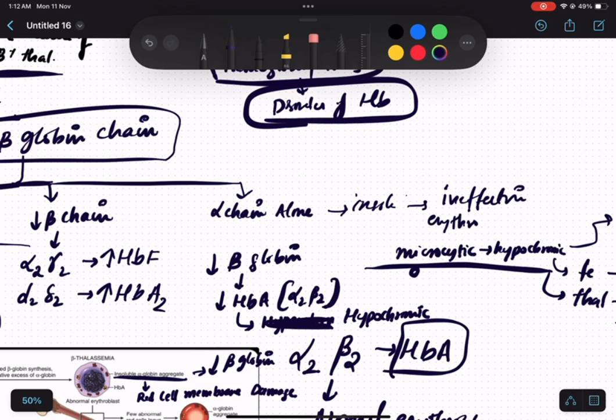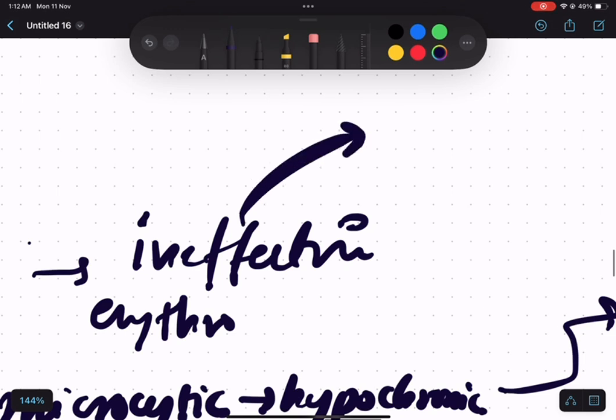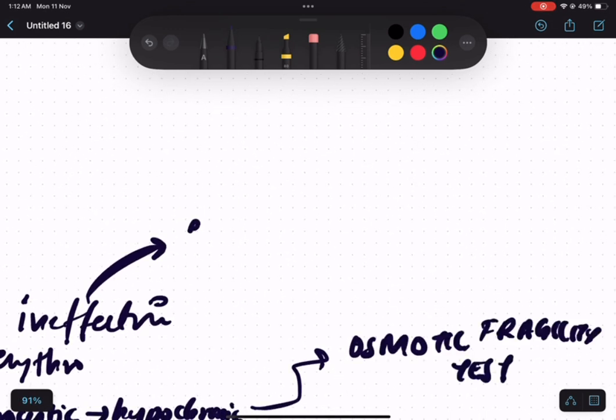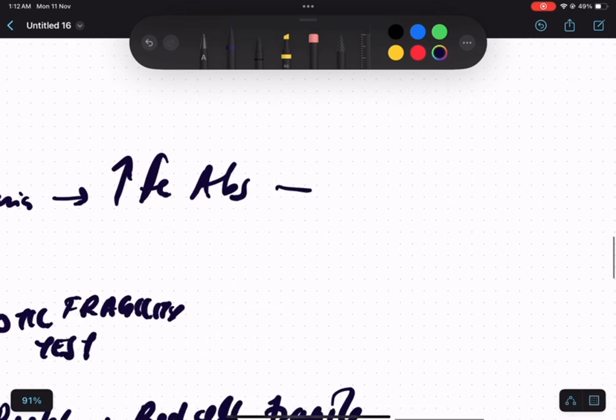Due to this ineffective erythropoiesis, there will be erythroid hyperplasia and increased iron absorption, which sometimes causes iron overload.